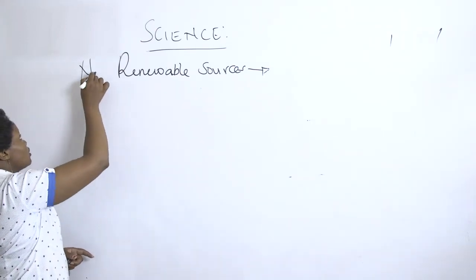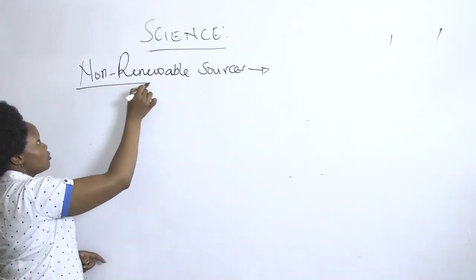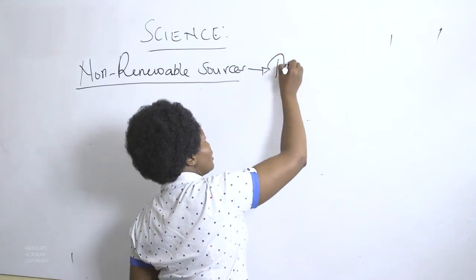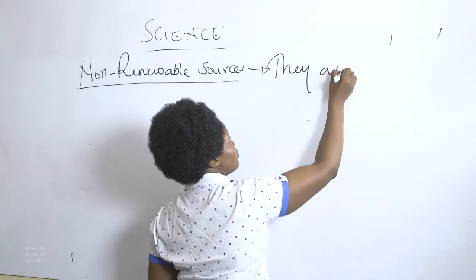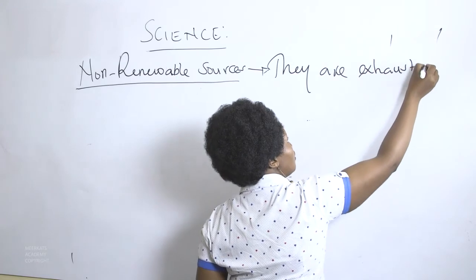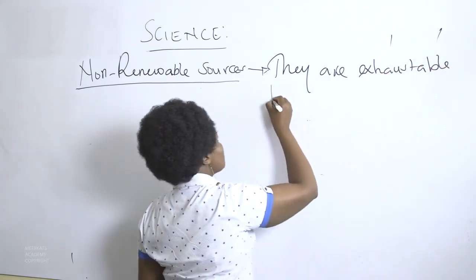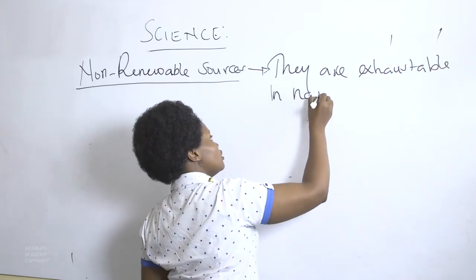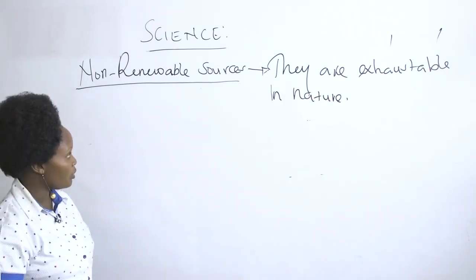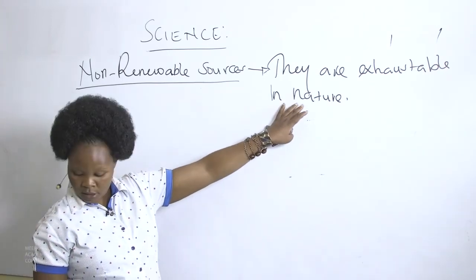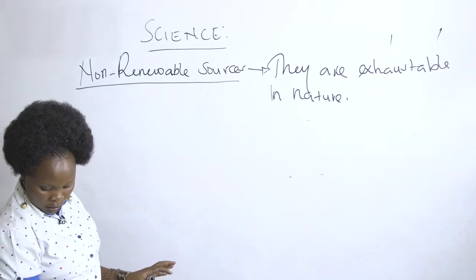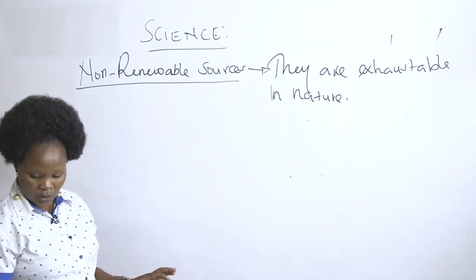Now, how about non-renewable sources? Let us look at non-renewable sources. And we say they are exhaustible. Exhaustible in nature. What we mean is that over time, some of these will be depleted and you will be forced to consider an alternative.